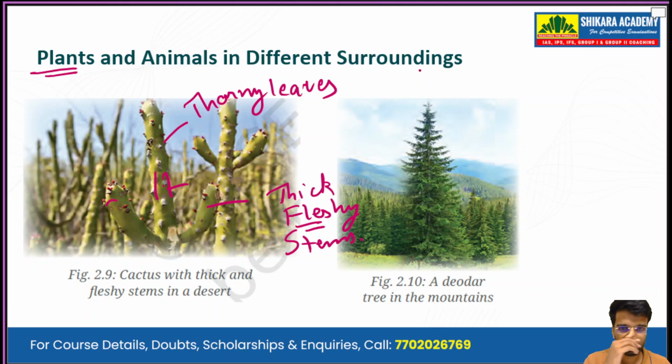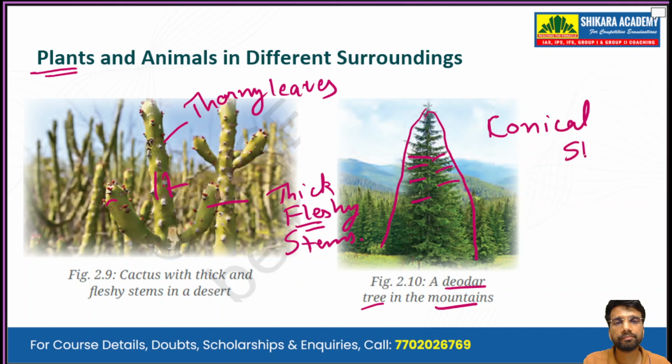On the other hand, the deodar trees found in the mountains of the Himalayas are conical in shape and have flexible branches.